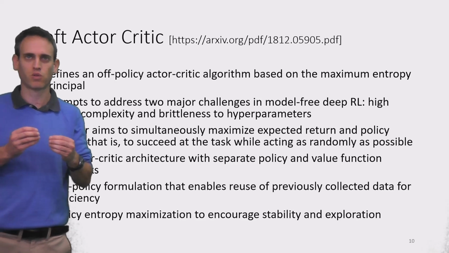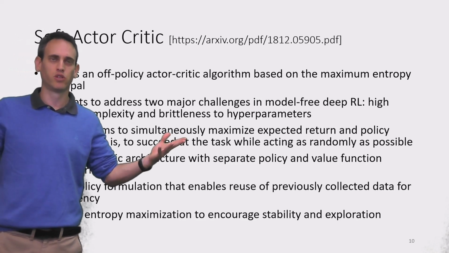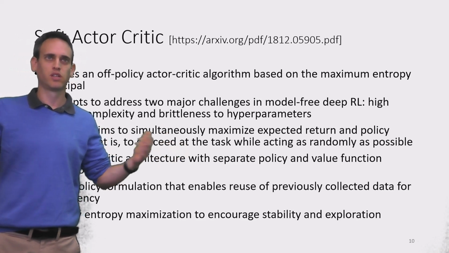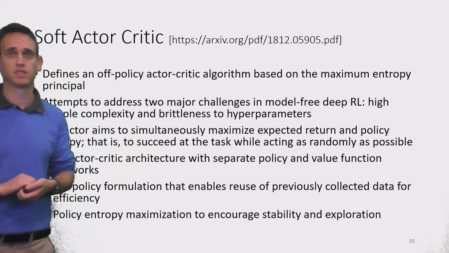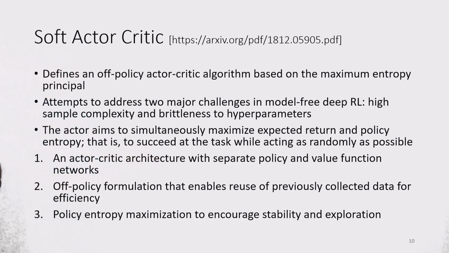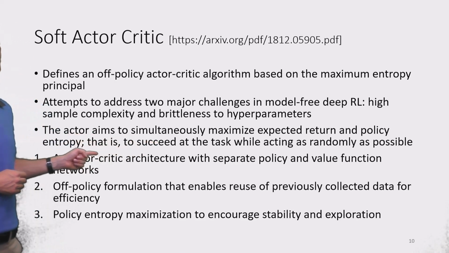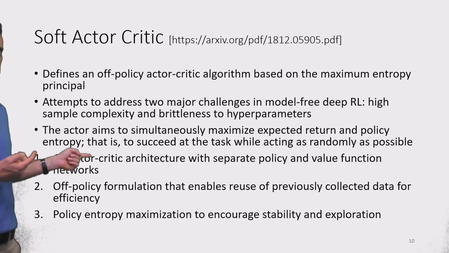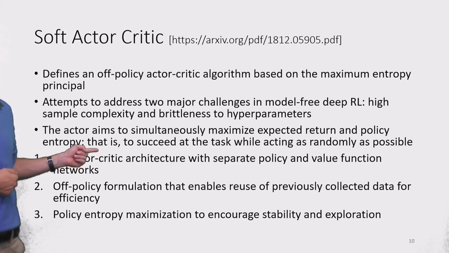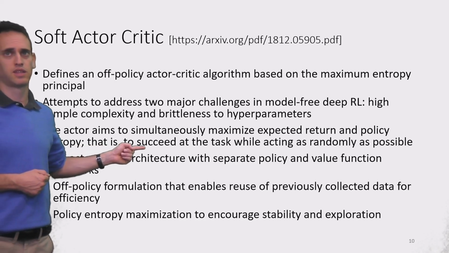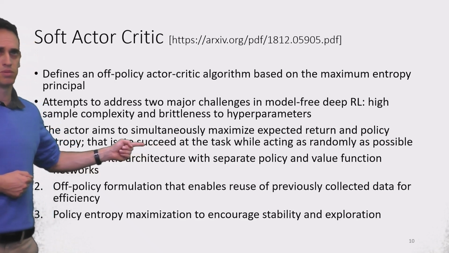If we don't set that correctly, in many cases we don't see learning at all, or learning divergence or learning collapse in some cases. Very unstable. So soft actor critic attempts to address that. Here the actor aims to simultaneously maximize the expected return and also the policy entropy. This is the MaxEnt objective, as we discussed. That is, to succeed at the task while acting as randomly as possible, as we just saw.